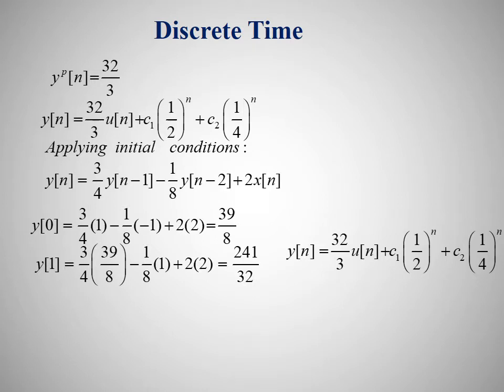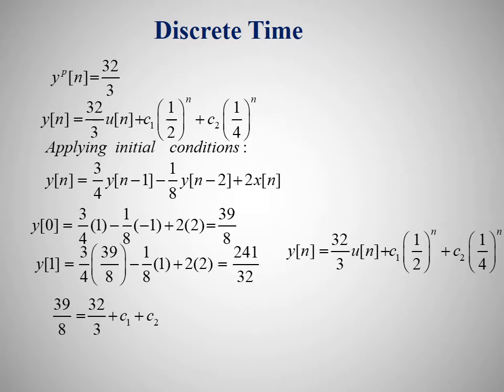For the second case, when n becomes equal to 1, y of 1 is 3 by 4 into 39 by 8, which is the value when n is 0, minus 1 by 8 at 1, where y of minus 1 is 1, plus 2 into 2, giving the value 241 by 32.